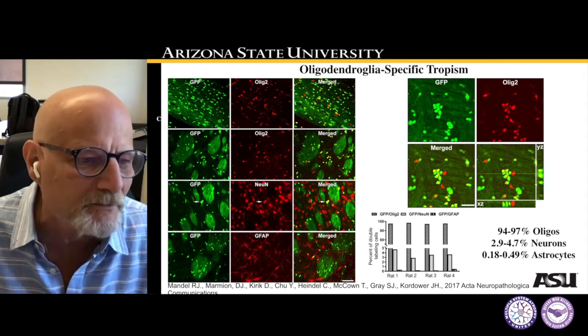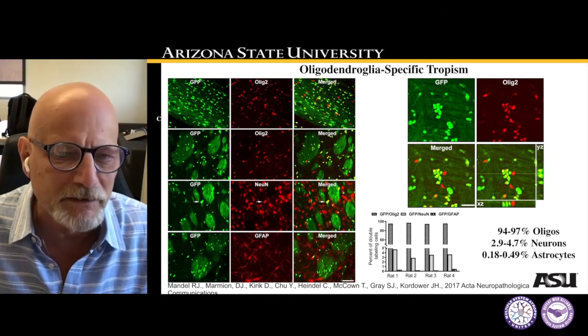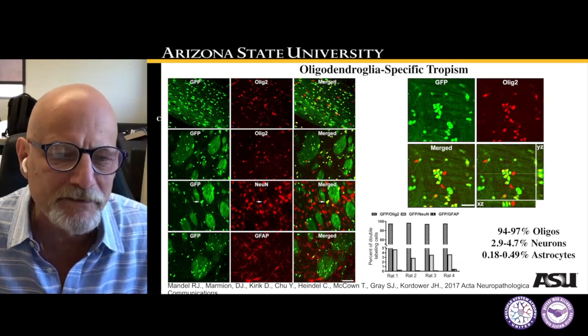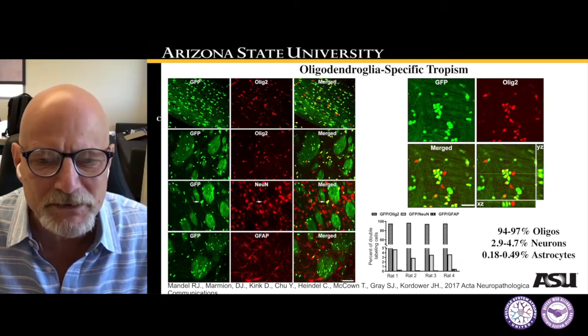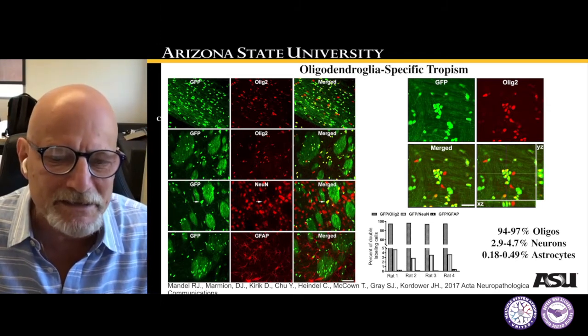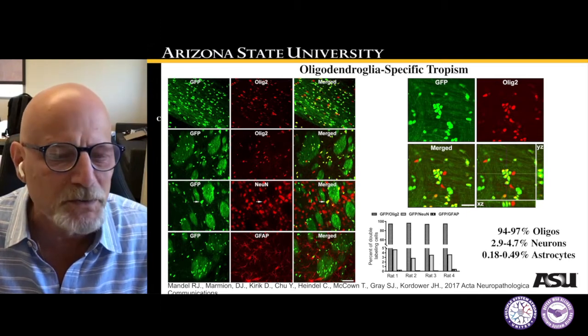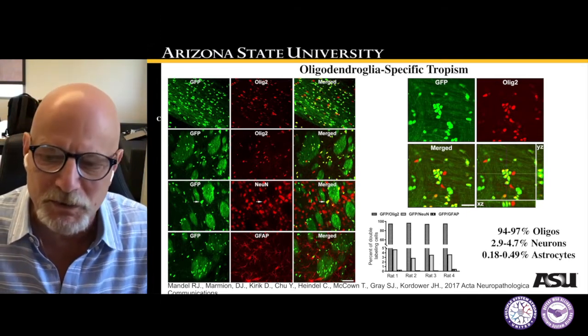There's one cell here. And if you look for transfection for GFAP, again, very few cells. And here's the quantification on the graph down below. It's 94 to 97% oligos, about 2 to 5% neurons, and less than 1% astrocytes. So the things that we wanted this vector to do, it is doing, and now we're ready to go into some of our other more relevant studies.